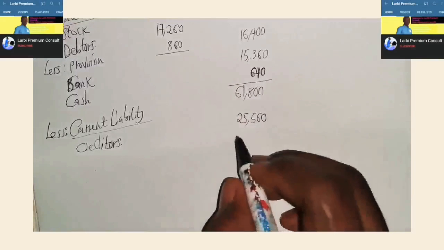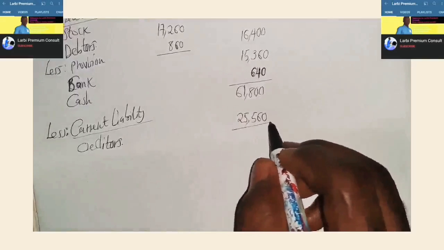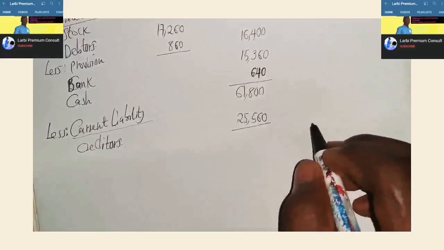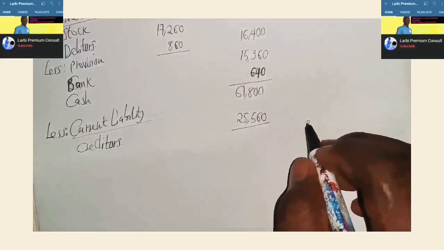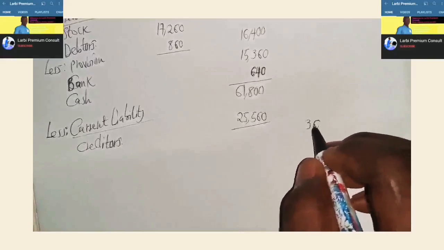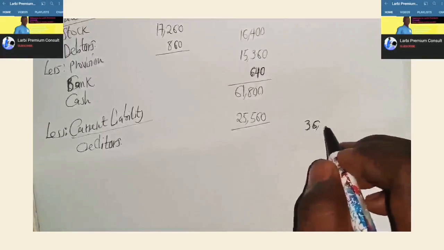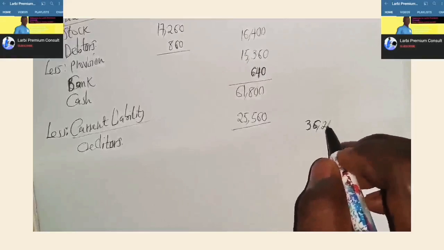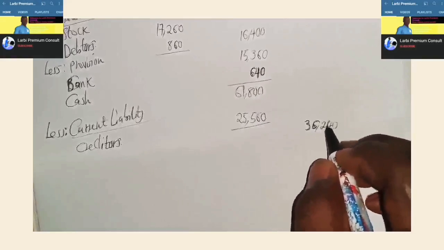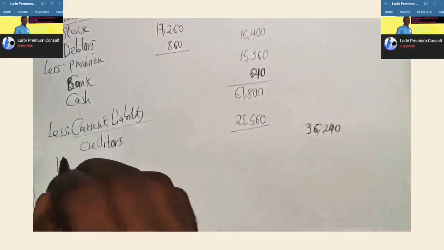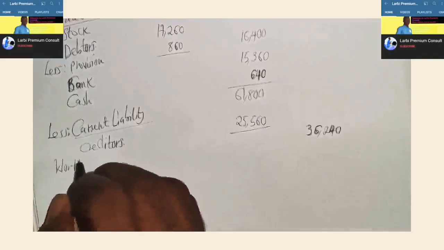So I'll less this figure from this, then the remaining will give me 36,240, and we call this working capital.